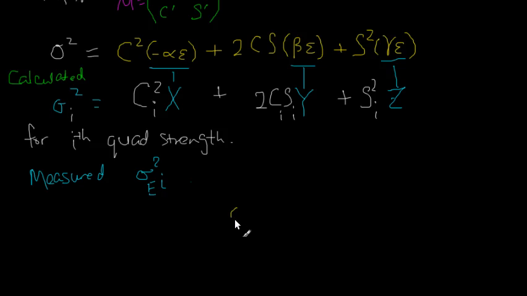We could take the calculated sigma i squared minus the measured sigma squared of the beam, and we divide by sigma Ei, the measured sigma squared of the beam again.